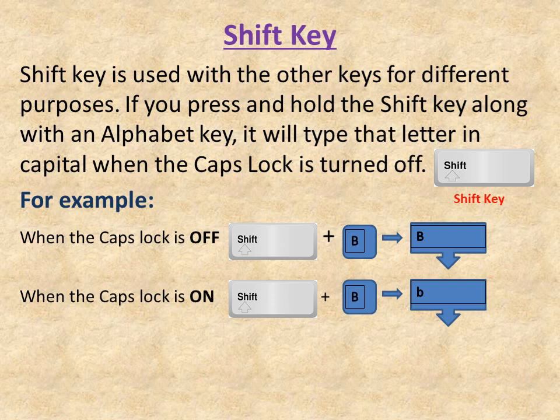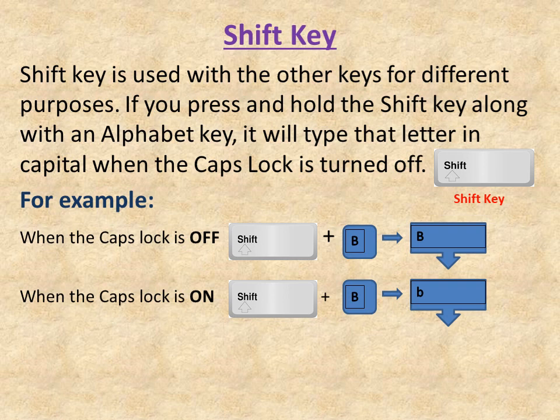Shift key. Shift key is used with the other keys for different purposes. If you press and hold the shift key along with an alphabet key, it will type that letter in capital when the caps lock is turned off.